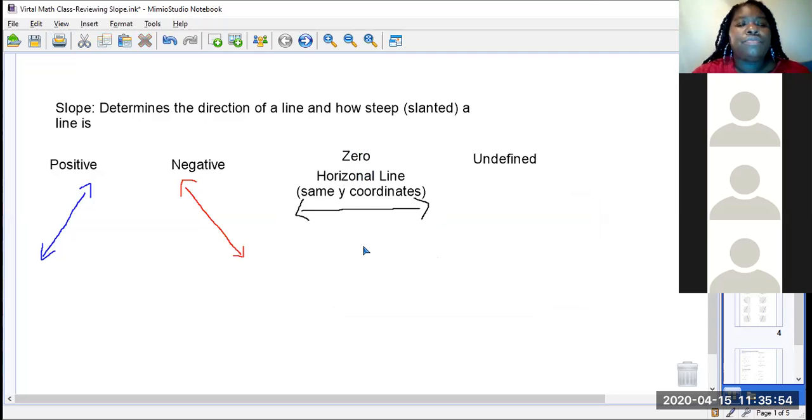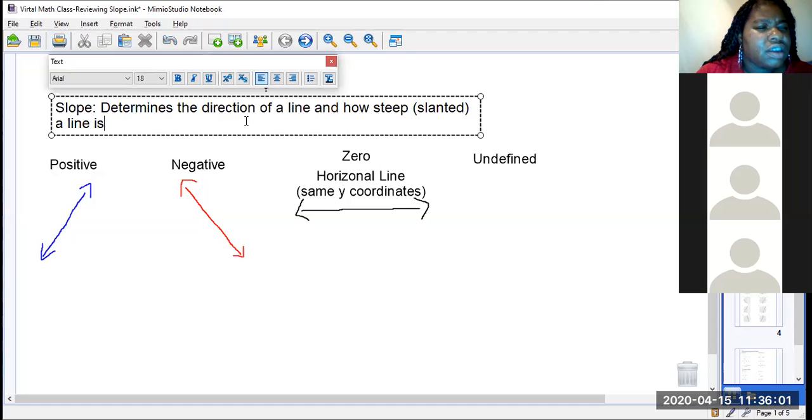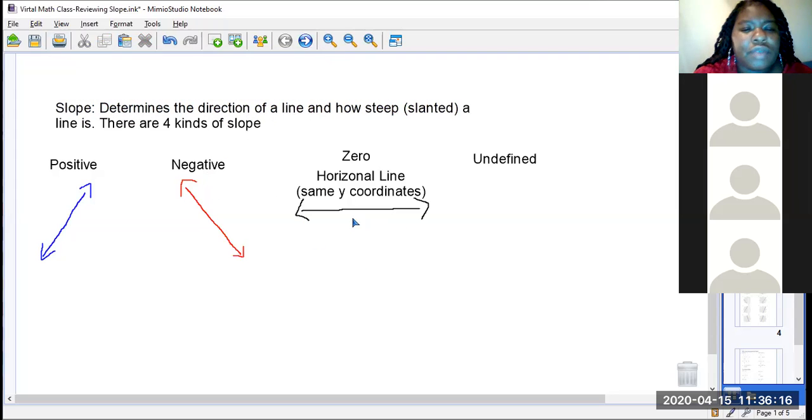So zero slope has a horizontal line. There are 4 kinds of slope.